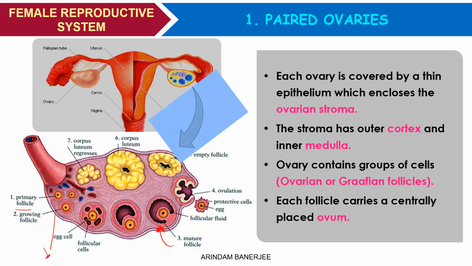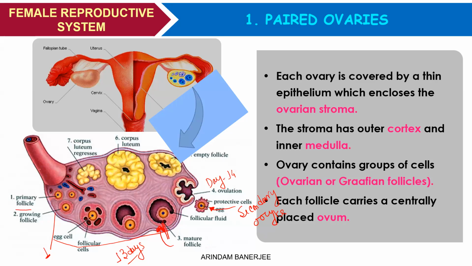And on day 14, the Graafian follicle ruptures and this comes out. This is known as the secondary oocyte. So the secondary oocyte comes out on day 14 of the menstruation cycle.